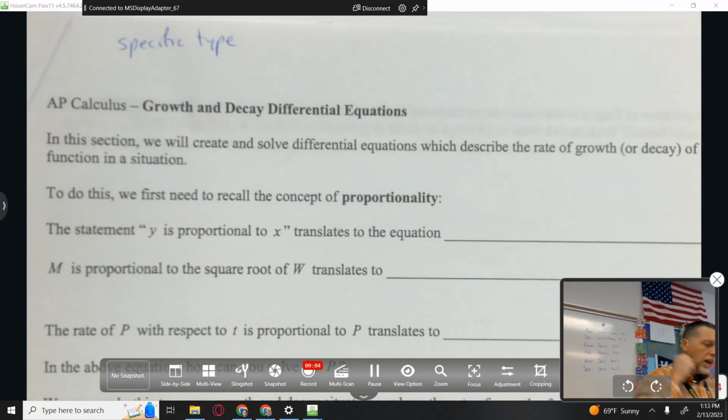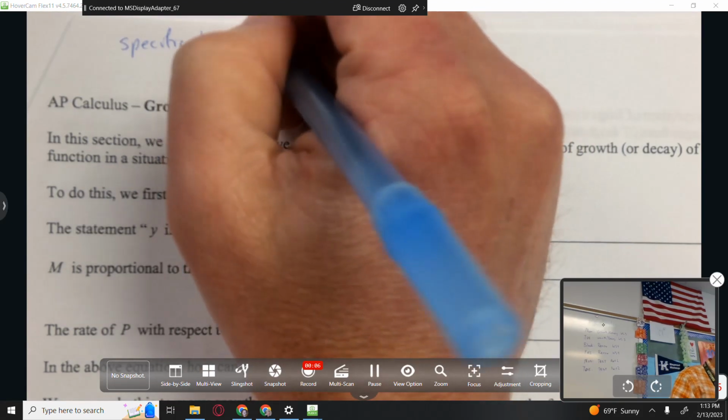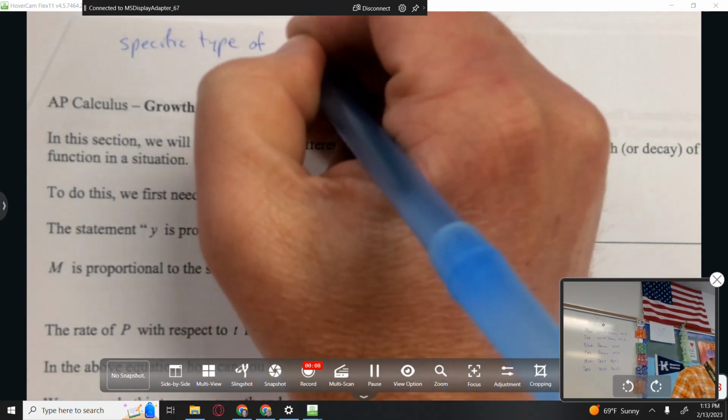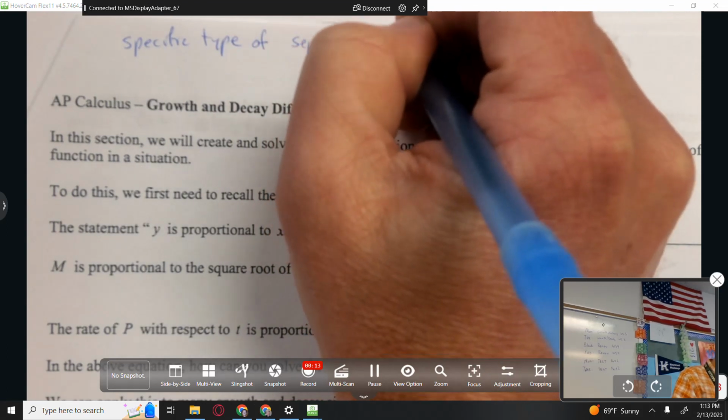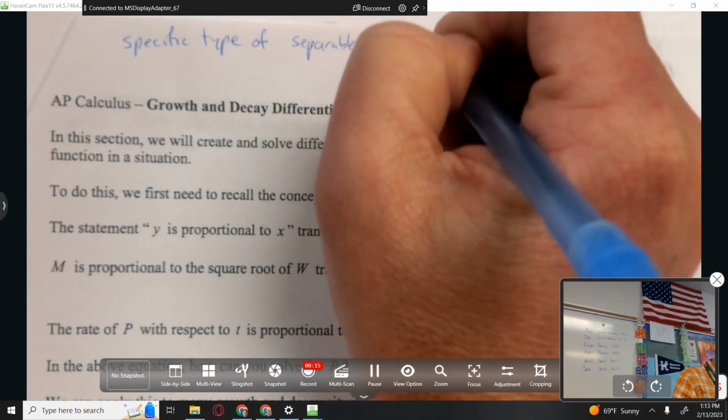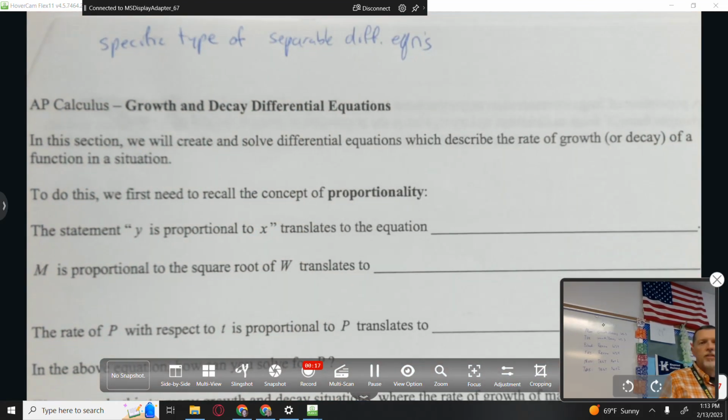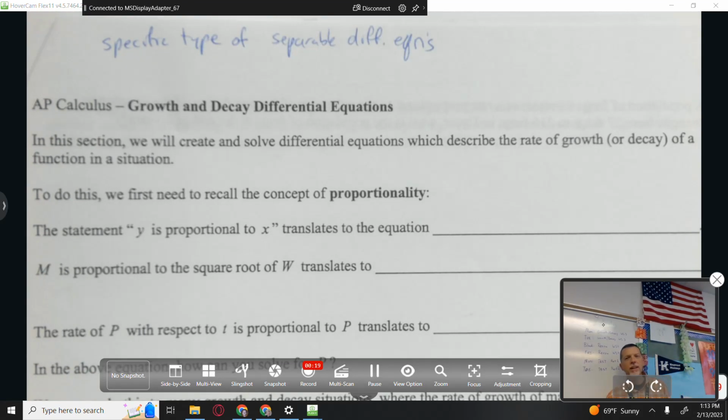So growth and decay equations are a specific type of separable differential equations. They just happen so frequently that we take a couple of days to look at them specifically. We sort of know how to do these.